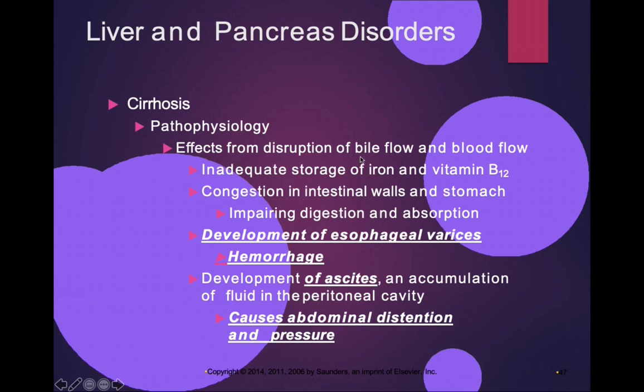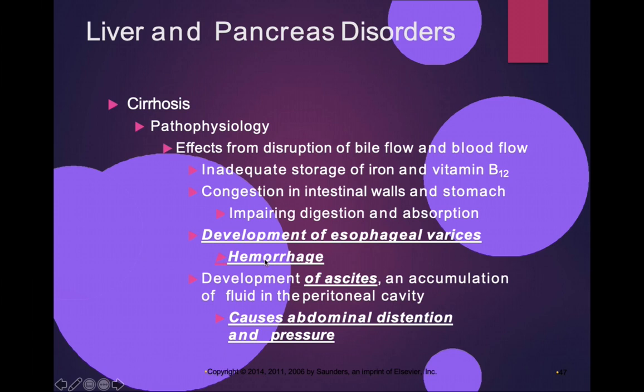The effects from the disruption of the bile flow and the blood flow: you get inadequate storage of iron and vitamin B12. You get congestion in the intestinal walls and the stomach. You get impaired digestion and absorption. You could develop the esophageal varices, right? From that increased pressure in the esophagus, you can get these varices. And those can hemorrhage.